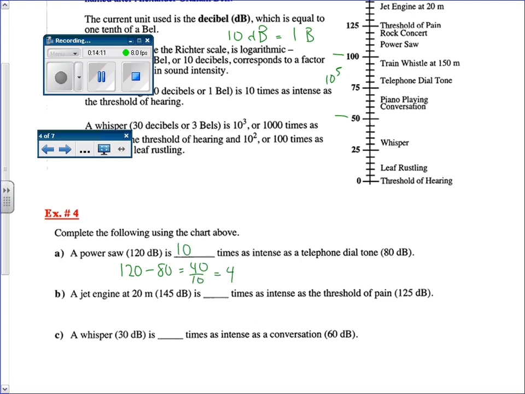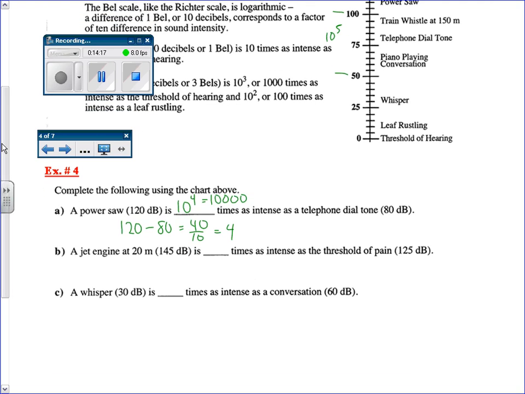So that's 10 to the 4 times as intense, or 10,000. A jet engine at 20 meters, which is 145 decibels, is how many times as intense as the threshold of pain, which is 125? So 145 minus 125 is 20, divided by 10 is 2, so that's 10 to the 2, or 100 times as intense.